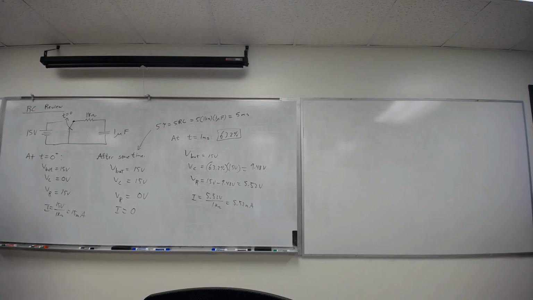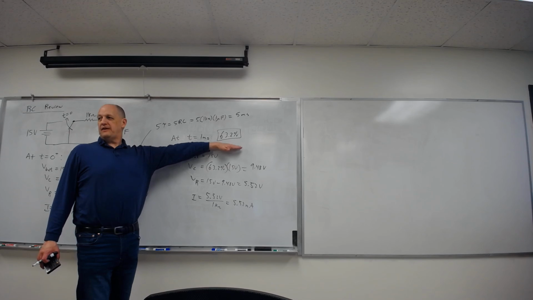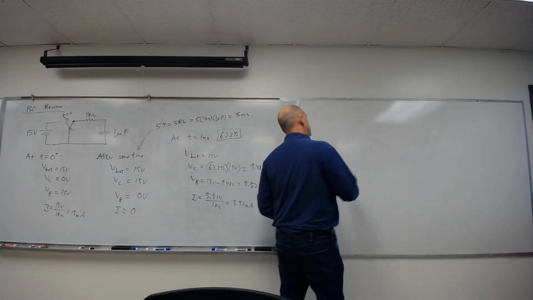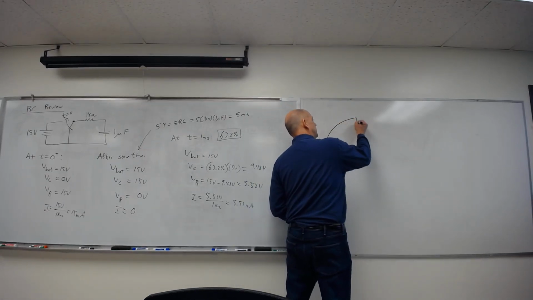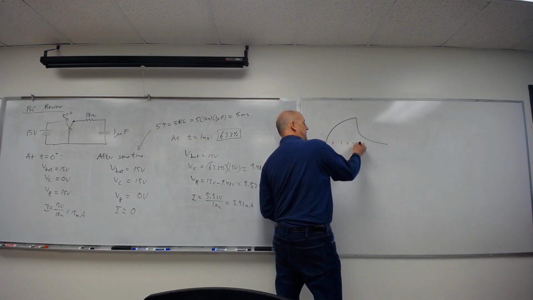And yes, on the lab, I ask you for ones in between. I don't give them to you directly, but you have that curve that I gave you. I put it back out there. I think it's a little curve that shows you charging and discharging, and it shows you what they are for 1, 2, 3, 4, 5 time constants.